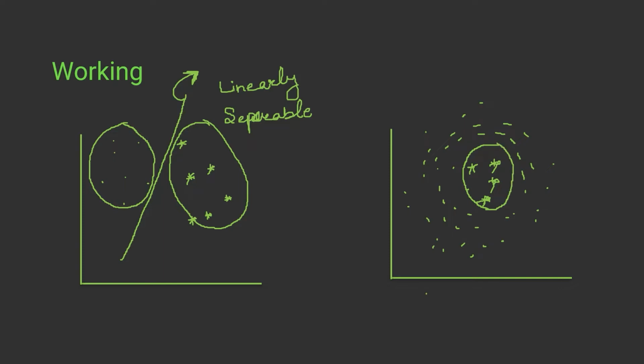But this is clearly not a linear separation of the data sets. So for that we need some kernel or some different model. We cannot solve this data set with the help of a linear regression model, right? Because this data is non-linearly separable, we have to use a different approach to work on it.